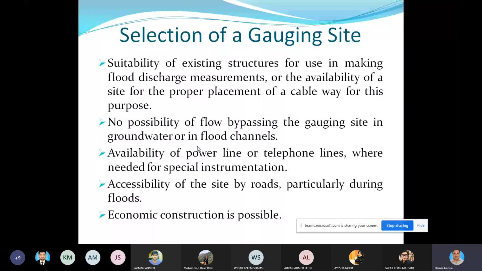Then, as you have to record all the data, there should be availability of power lines or telephone lines, because you will be installing instruments, the data loggers or the sensors, that need power, the electricity, and you have to transmit data. So telephone lines should be available, but nowadays data can be transmitted directly through satellites.